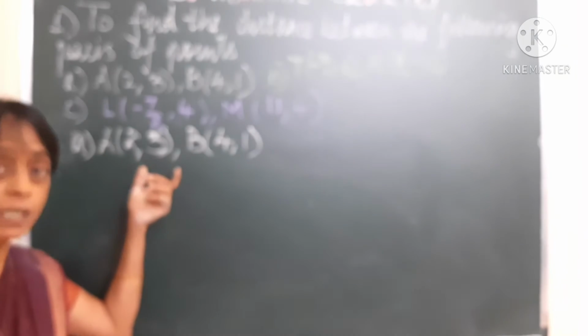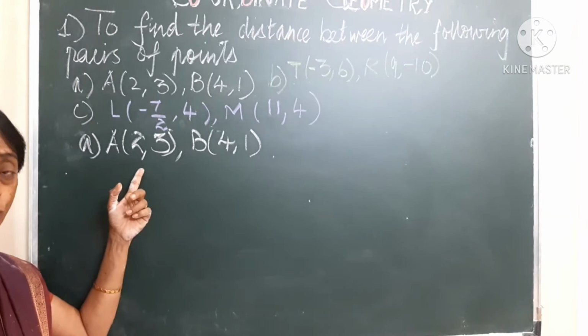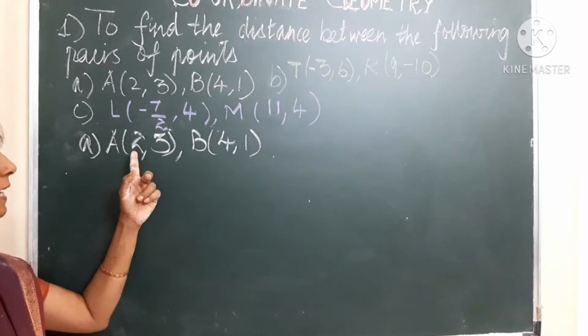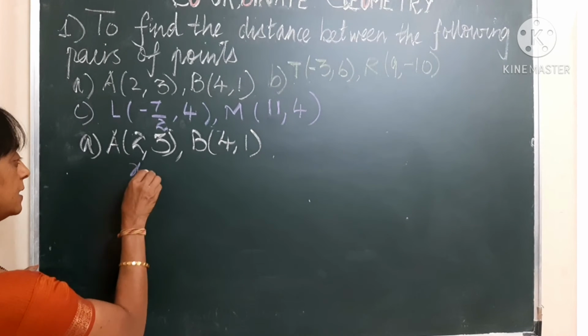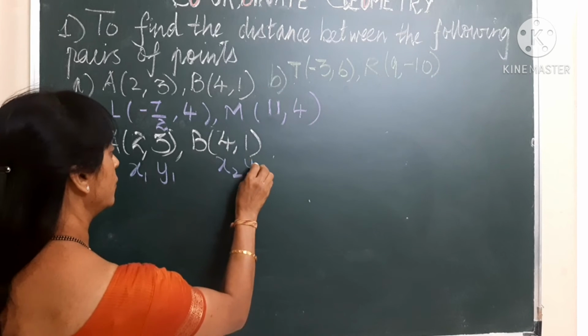We know what A stands for. It stands for coordinate 2, that is x1, and coordinate 3, that is y1. X coordinate and y coordinate. So let's assign them: this is x1, y1, x2, y2.